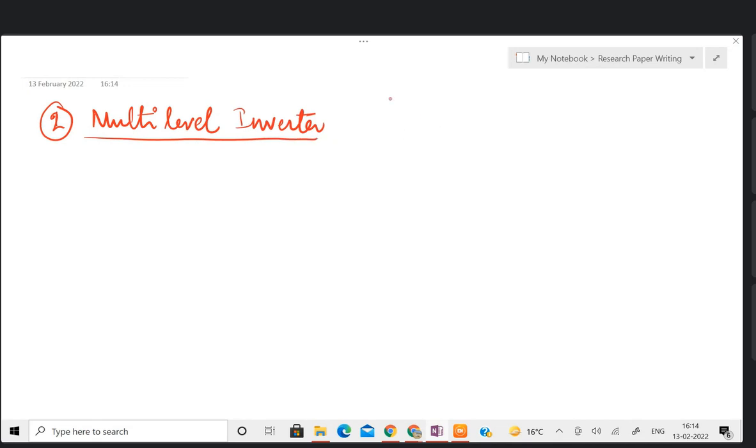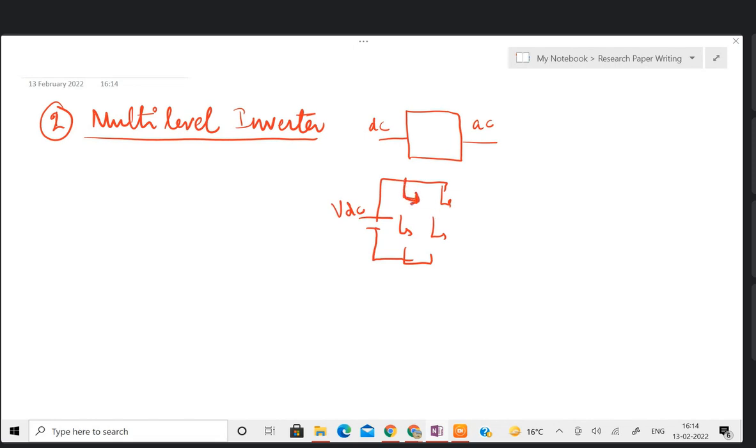An inverter is basically a power electronic converter which converts a DC voltage into an AC voltage. If I talk about the circuit of an inverter, it looks somewhat like this. We have this battery VDC, and we have 4 switches, these are IGBTs.